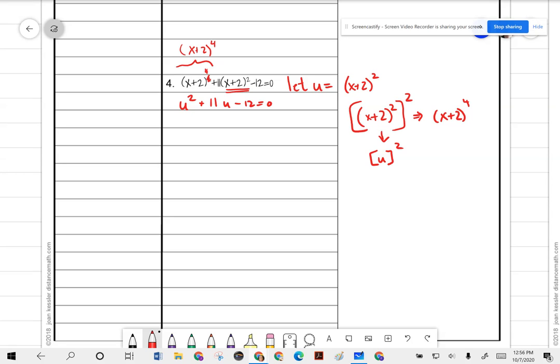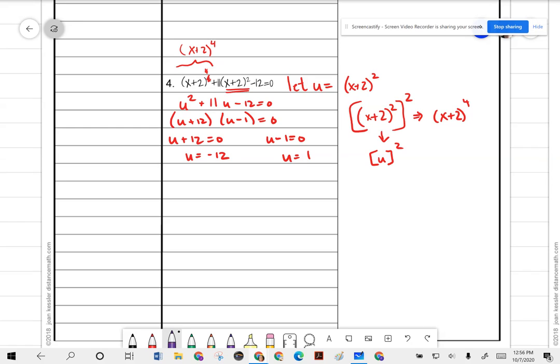Now let's go ahead and factor that. So we can see that we're going to use maybe u plus 12 and then u minus 1 equals 0. So I get u plus 12 equals 0, or u minus 1 equals 0. So u in this case would equal negative 12, and u in this case would equal 1.